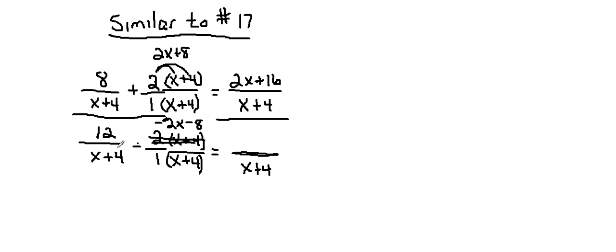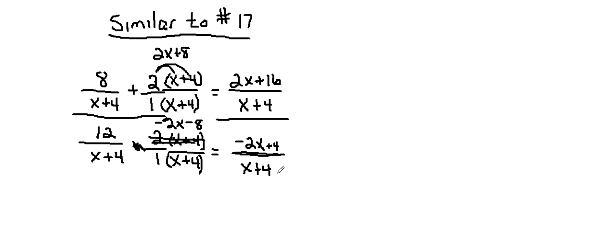And what have I got? 12 minus 8, which is 4. So I'm going to have negative 2x, and that's going to be plus 4, because 12 minus 8 is positive 4.